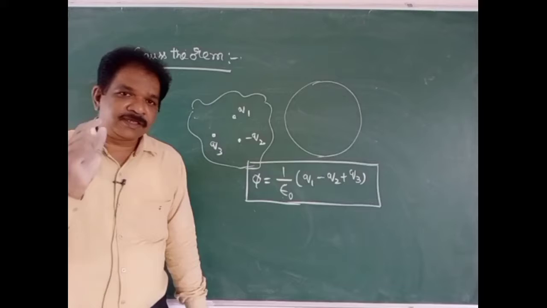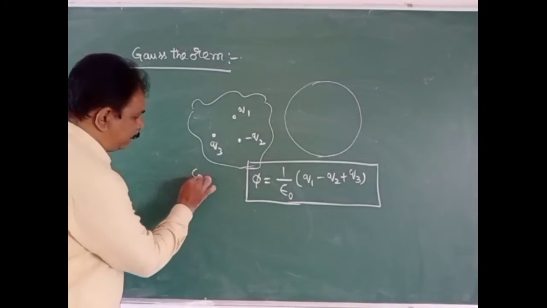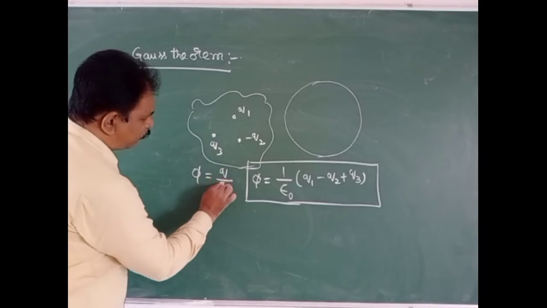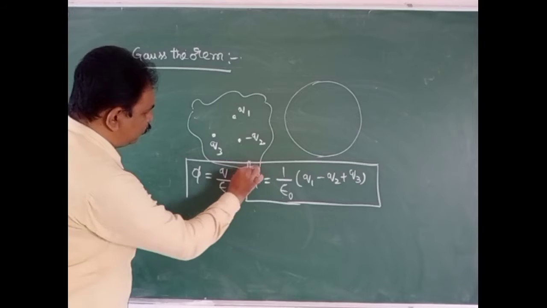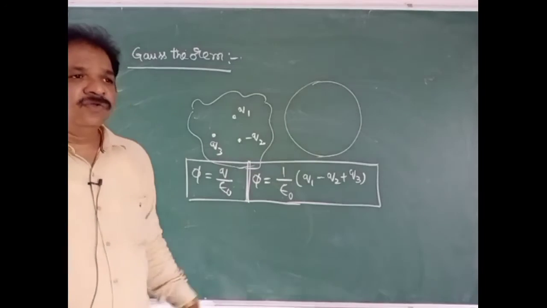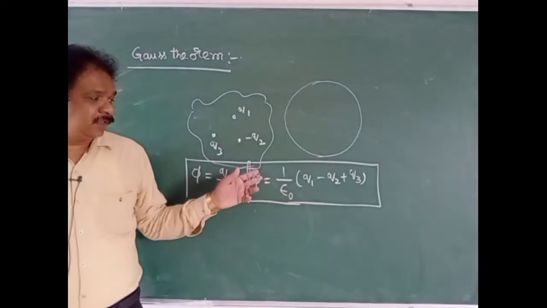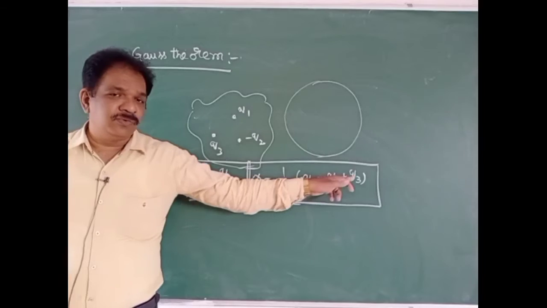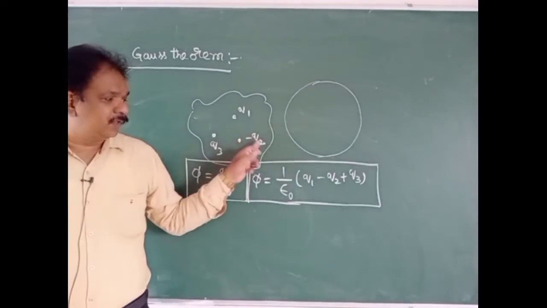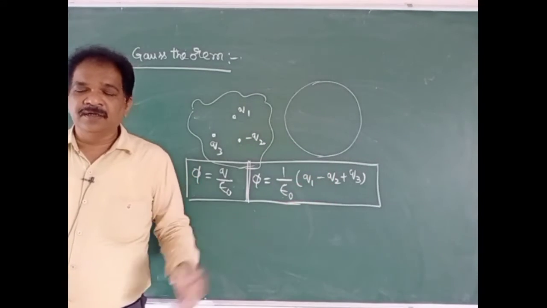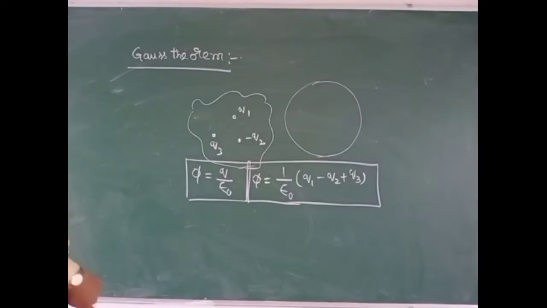If only one charge is there, then phi is equal to Q by epsilon naught. If more charges are there, Q1 plus Q2 plus Q3, in that Q2 is minus. Whatever the sign may be, we also have to consider that.